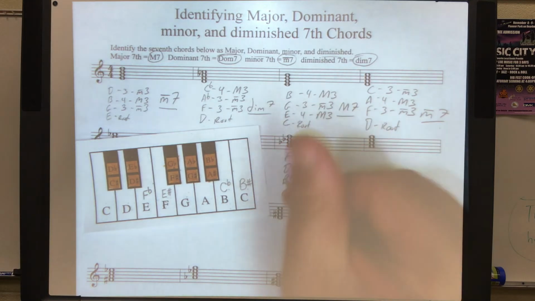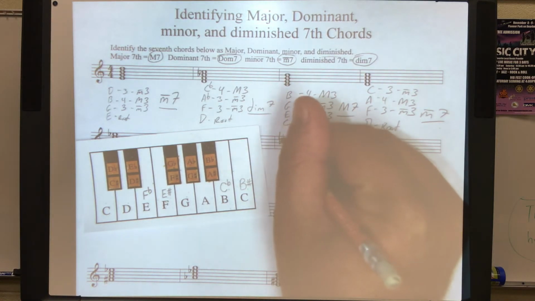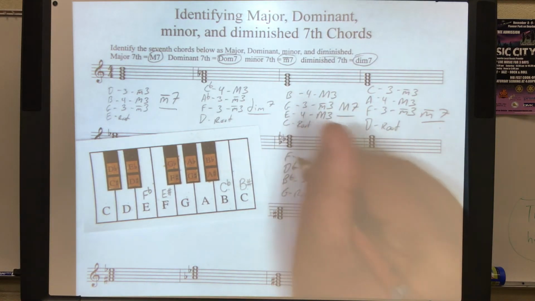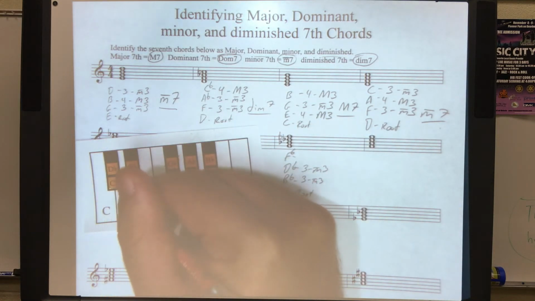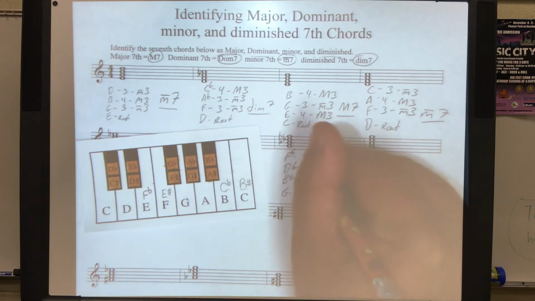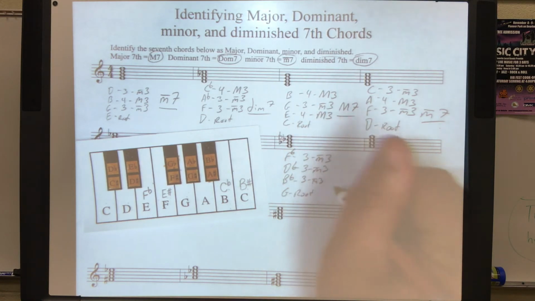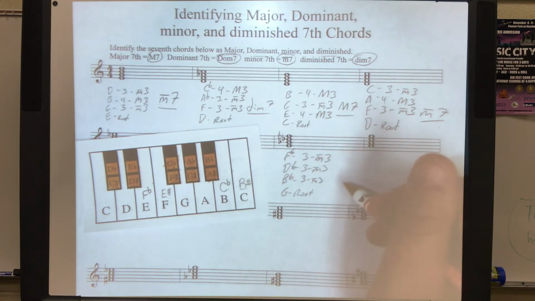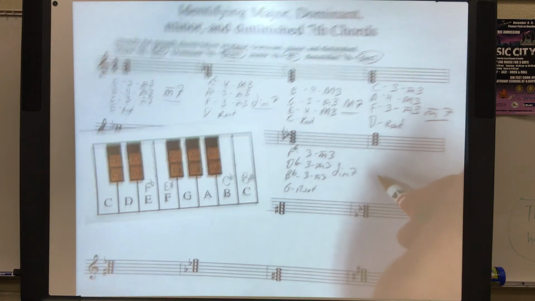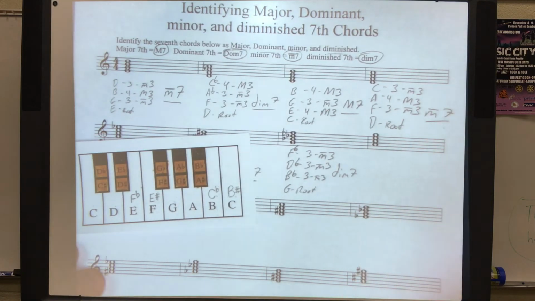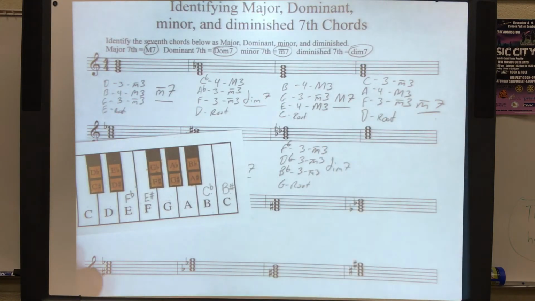And this should be F flat on the top, and remember, it'll be changed on your worksheet. So D flat to F flat, 1, 2, 3, another minor third. Root, minor third, minor third, minor third ends up being a diminished 7th chord. Remember, we write that as DIM 7. One more, and then I'll let you guys continue on your own.